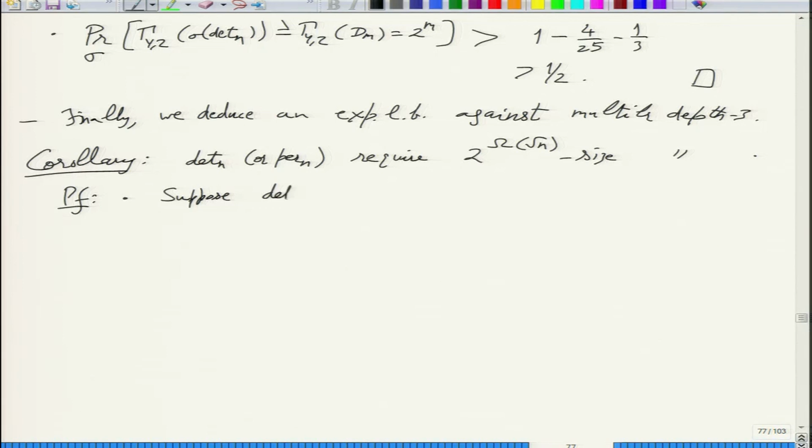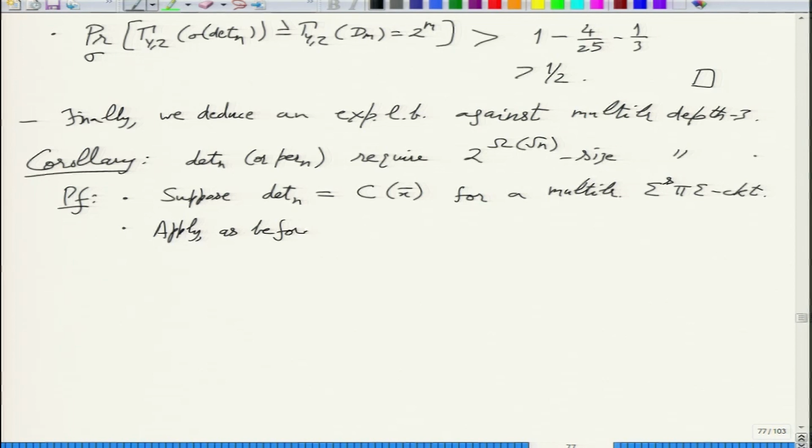So suppose determinant has such a representation. Suppose determinant is C(x bar) for a multilinear sigma pi sigma circuit. Then apply, as described before, a random variable reduction.